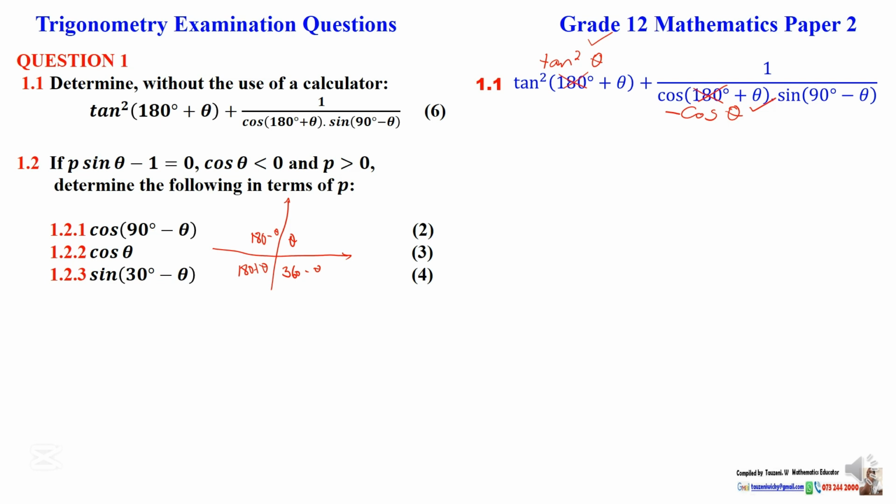Then, apart from that, we need to remember that in quadrant 1, all trigonometric values are positive. In quadrant 2, sine theta is positive. In quadrant 3, tan theta is positive. And in quadrant 4, cos theta is positive. So the cos of 180 plus theta is in the third quadrant, and in the third quadrant, cos is negative. So this must be a negative cos theta.